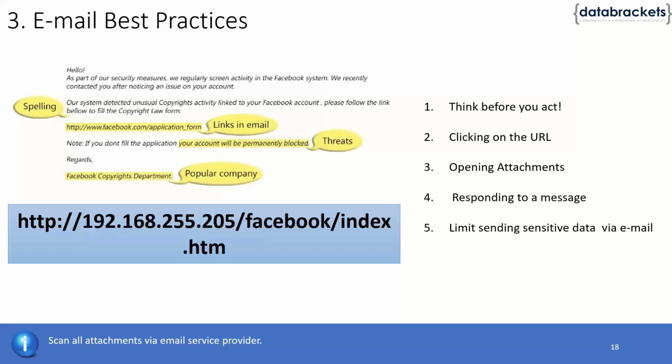Especially you need to be careful when you are opening attachments. A lot of the emails come through with an attachment, and it has got some payload. So you need to be careful with that. And again, responding to messages, you need to be careful as well.